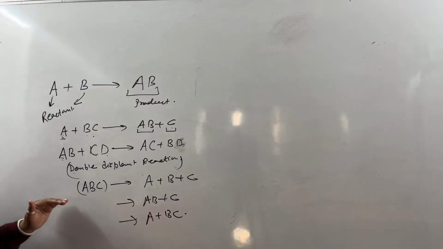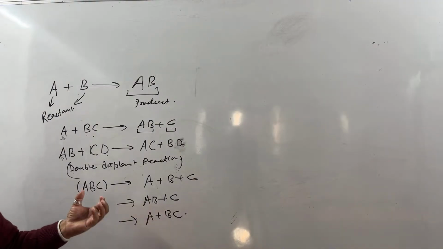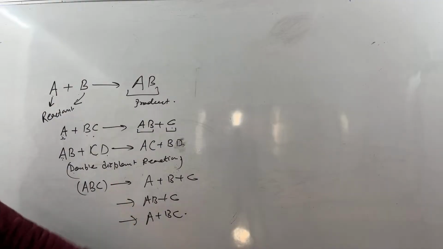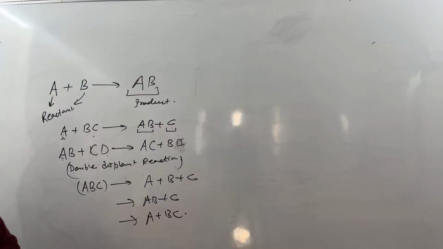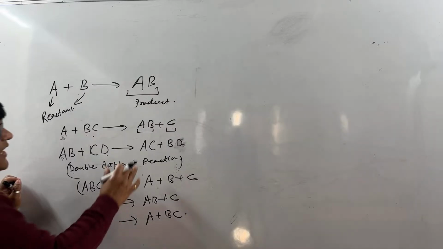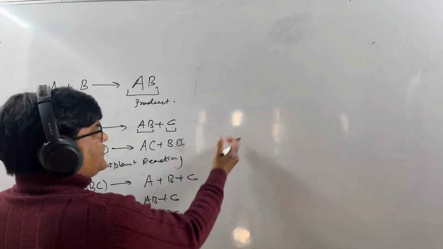This type of reaction, when any big compound is broken into small parts, is called decomposition, because the big compound is going to break into smaller ones. We will say decomposition has taken place. Yes or no?